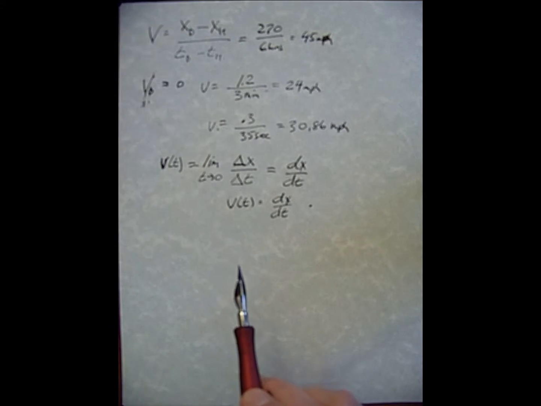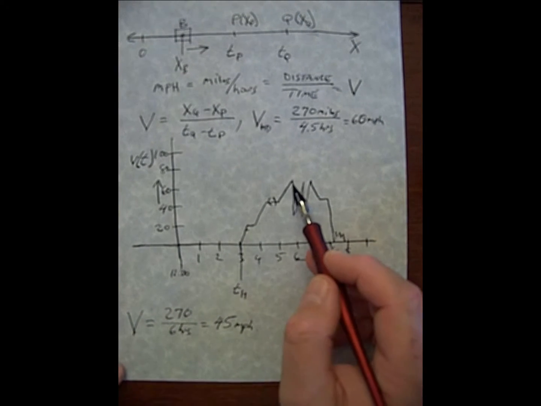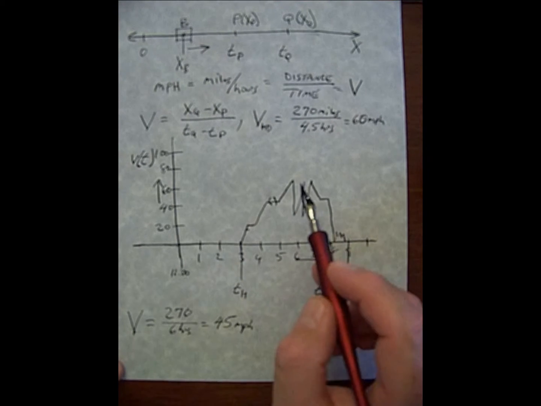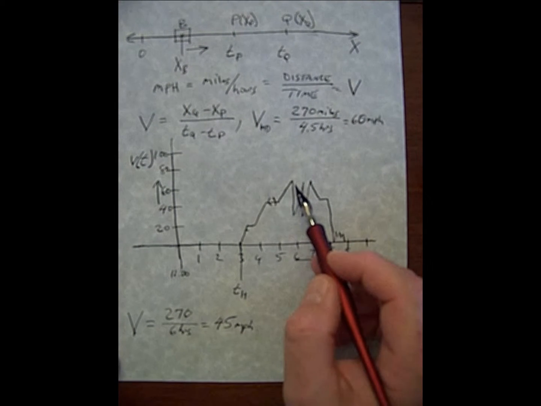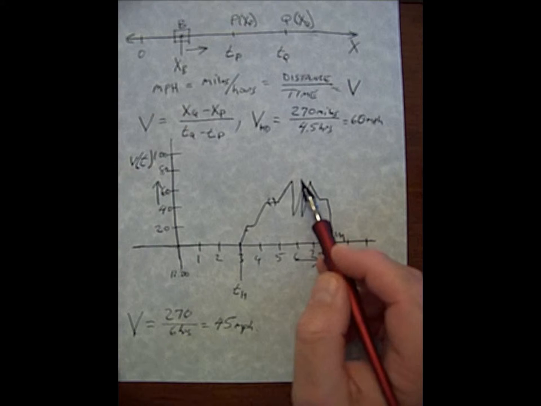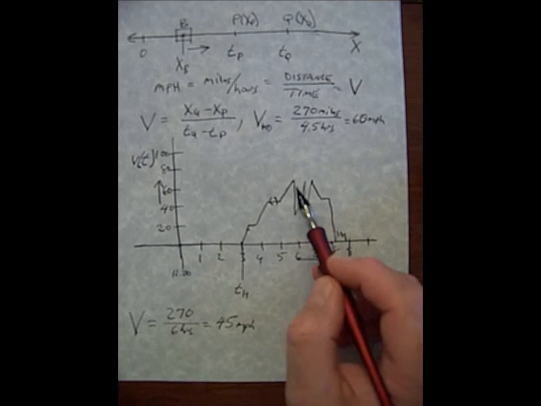You know, when I'm out here on the highway and I'm going 80 miles an hour, and there's some idiot in the road, and I have to slow down to 40 miles an hour, my velocity changes from 80 to 40. And that's what we call a deceleration.